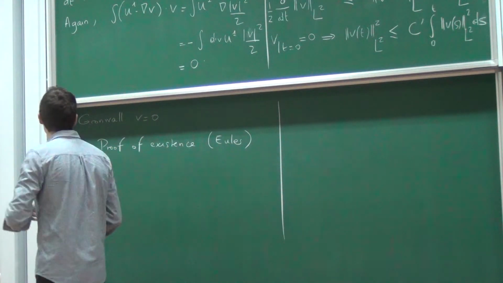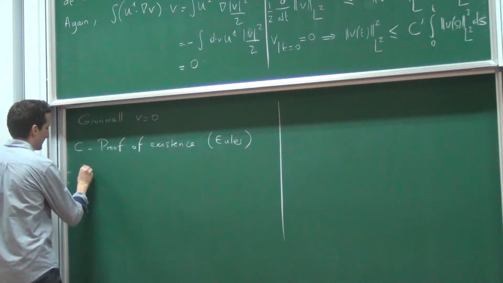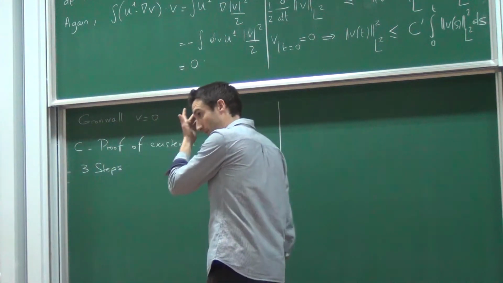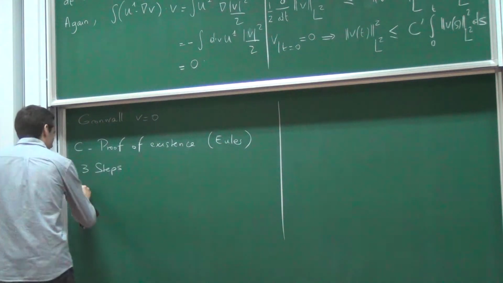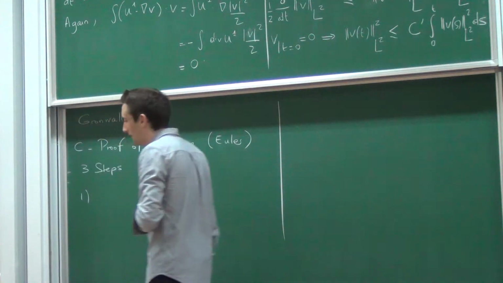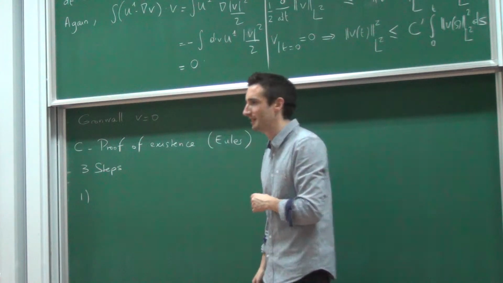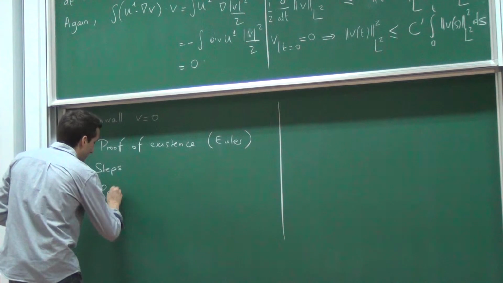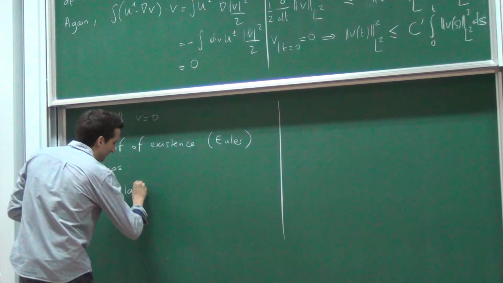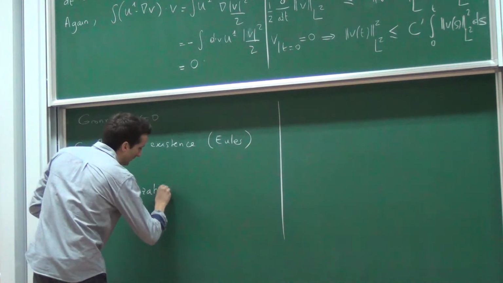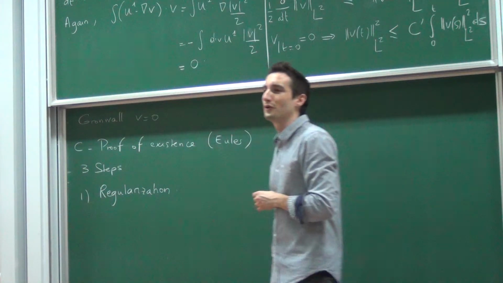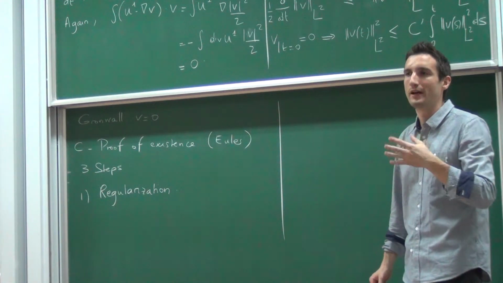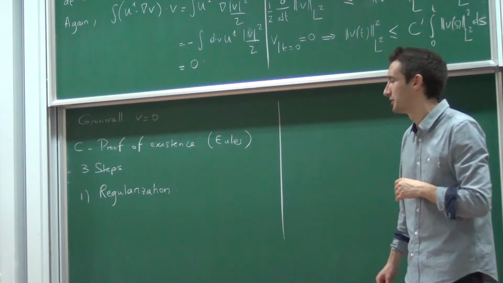And we can say there are 3 steps. Step 1, consider the treatment of any PDE. That's a regularization procedure. Regularization. Which means that we do not want to solve directly the Euler equation. We will first consider some easier approximate equation.